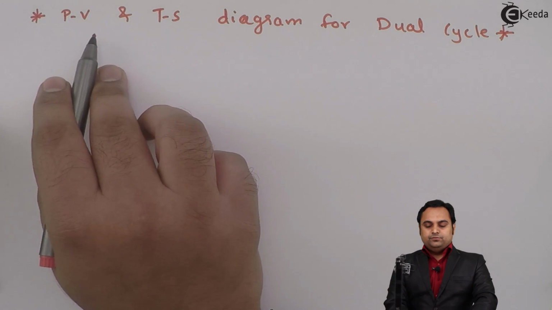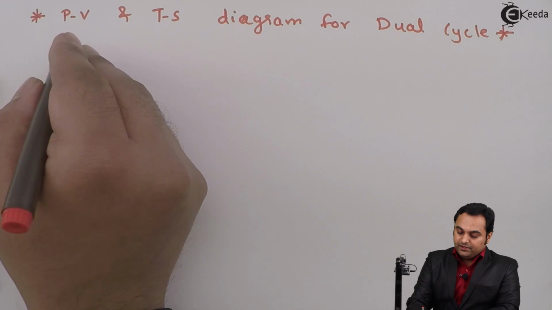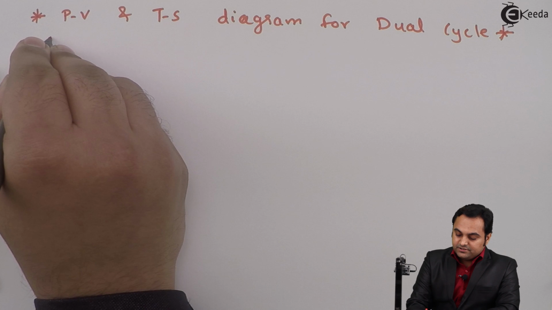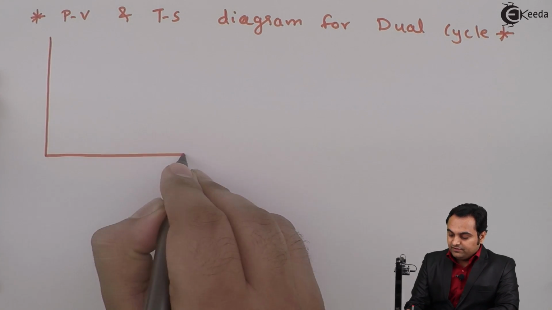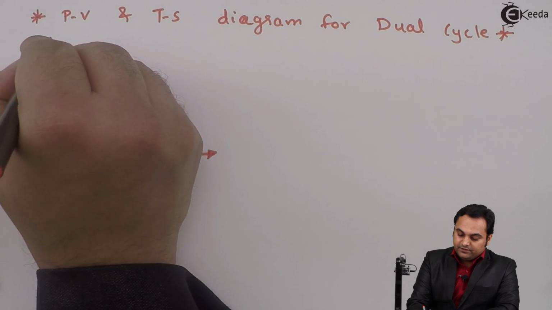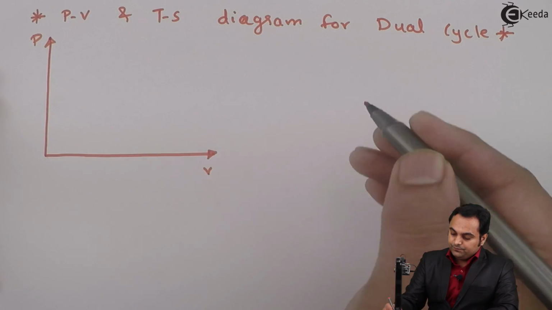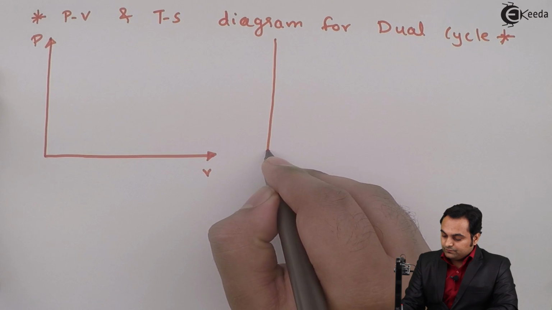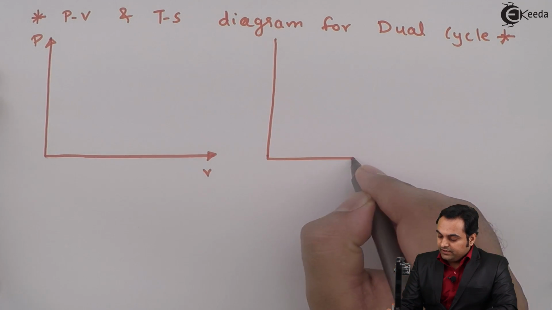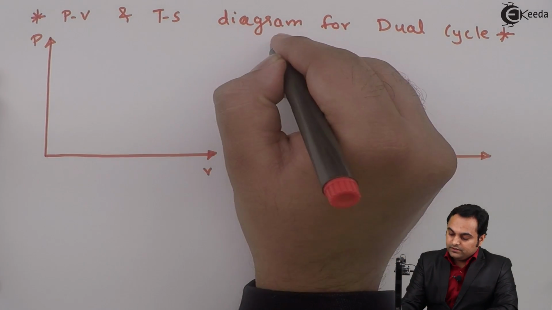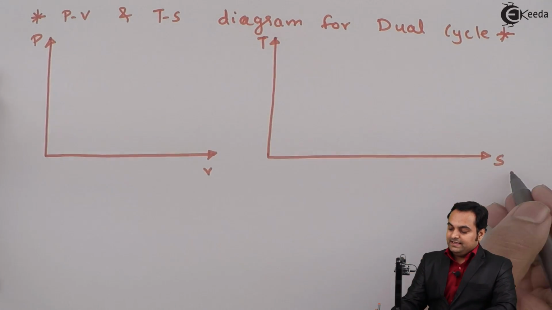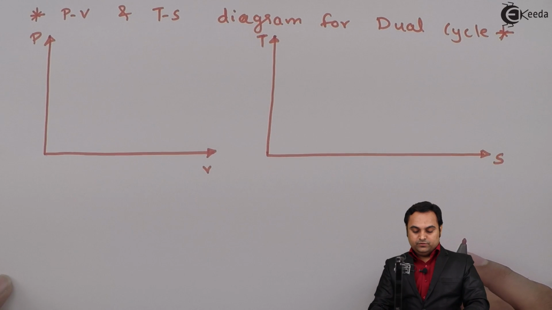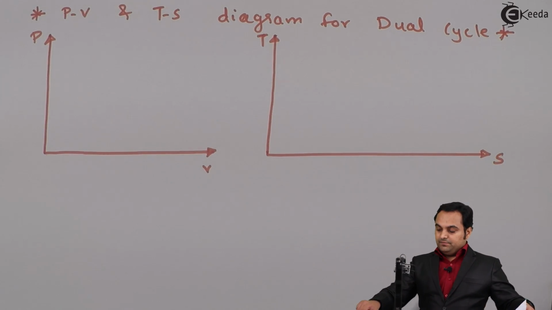PV is the pressure volume, TS is temperature entropy, and that diagram is basically a graph. For PV, it is a graph between pressure and volume. For TS, it is a graph between temperature and entropy denoted by S, which is the entropy. Now, I'll explain the process one by one.